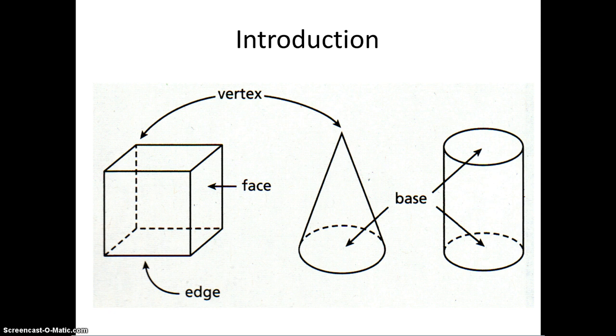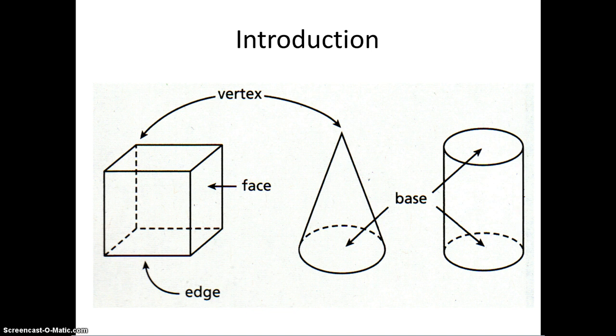Before we begin addressing the essential questions, we need to first have a few vocabulary words under our belt. First, we'll start with vertex, or the plural form of that word, vertices. So these here will be considered vertices. This point here where these two edges meet would be called a vertex. Where these two edges meet, that's another vertex.